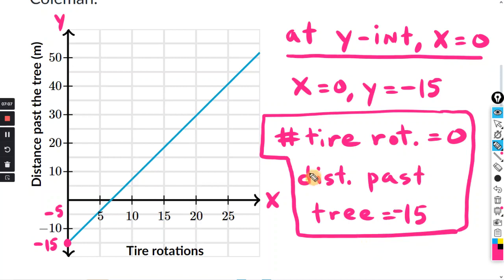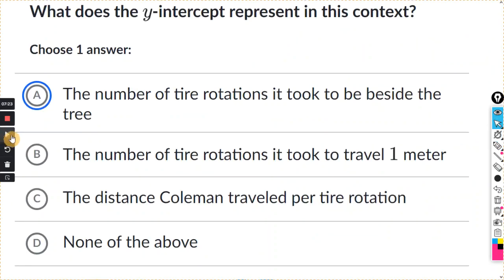So the answer should be something like this, and notice I did all this before I looked at the answers. Let me erase this and check. Number of tire rotations is 0. Distance past the tree is negative 15. Answer A, number of tire rotations it took to be beside the tree.